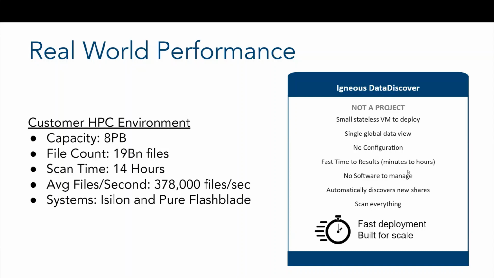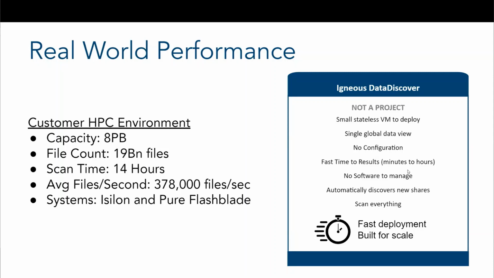An average environment has 50% of its data untouched in over a year, if not two. An average environment is 6 petabytes with 3 billion files in it. An average environment can get up and running, scanning, and producing results in as little as a few minutes. So it's that visibility portion, but it also plays to scanning for change rate, and these numbers hold up.